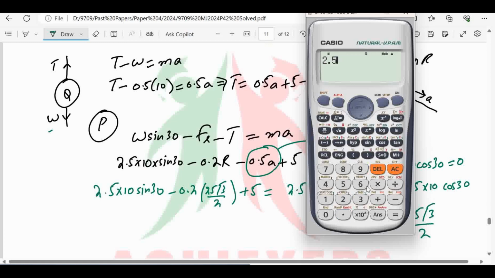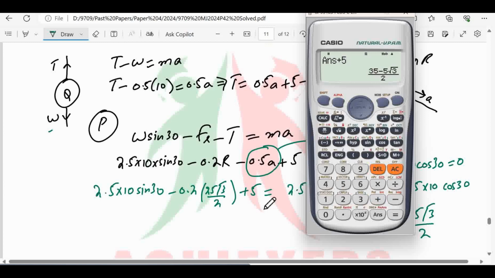So 2.5 into 10 into sine of 30, minus 0.2 into the fraction 25 square root of 3 divided by 2, bracket close, plus 5.